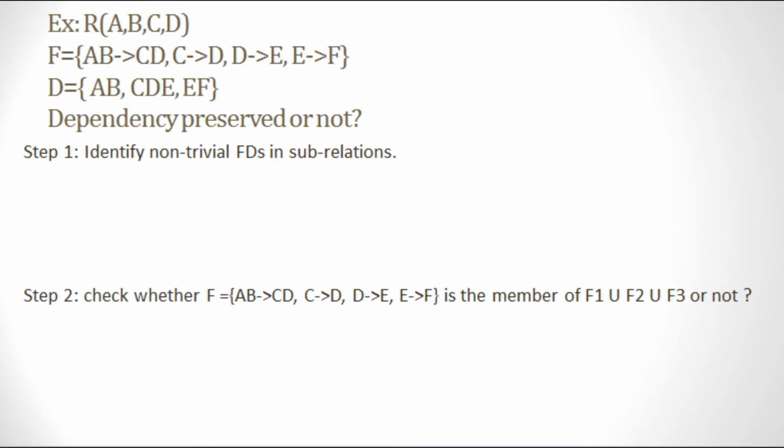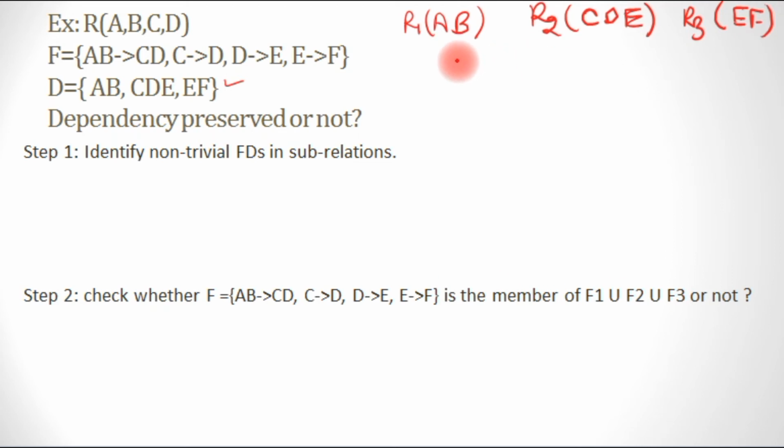Now see this one. In this we have three relations. So write this relation R1, AB. Now R2, CDE, and R3, EF. Now we need to find all the non-trivial functional dependencies of all these subrelations F1, F2 and F3.